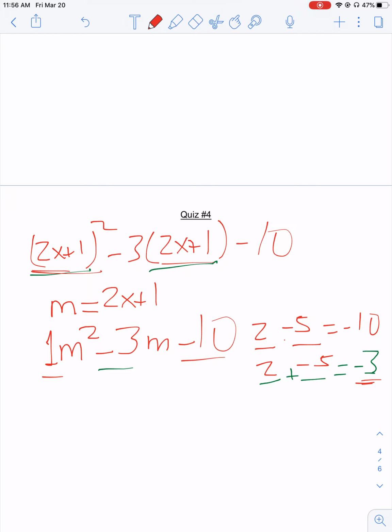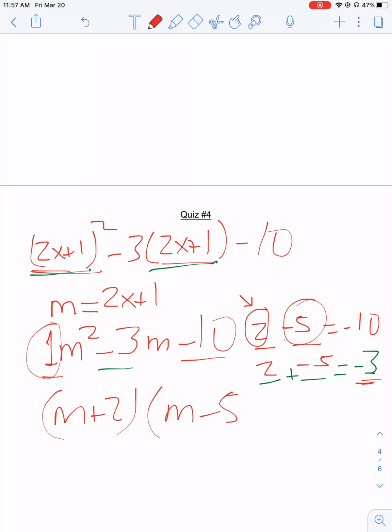And once you have the combination, because your coefficient is 1, you can just write the variable, which is m, and then whatever your first number is, so that's plus 2, close the brackets, open the bracket, m again, and then minus 5, okay? Now, that's how you use the shortcut, right?